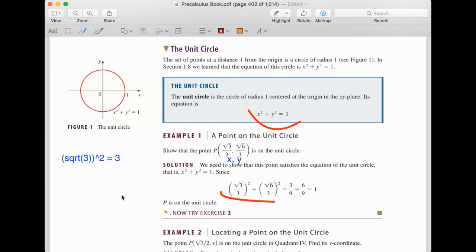Yeah. Okay. So now do you see we did square this square root of 3? This here is a 3. Here is the square root of 3. So square root of 3 squared is a 3. Make sense?